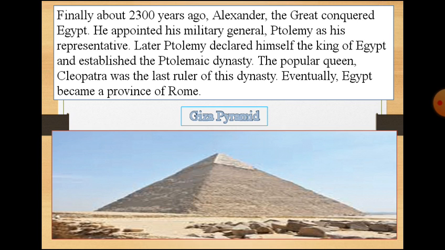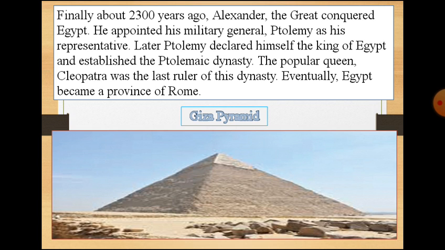His rule was different from the others. Among them, the popular queen Cleopatra was the last ruler of this dynasty. And eventually, Egypt became a province of Rome, that is, it came under the Roman Empire, and the changes were more different.